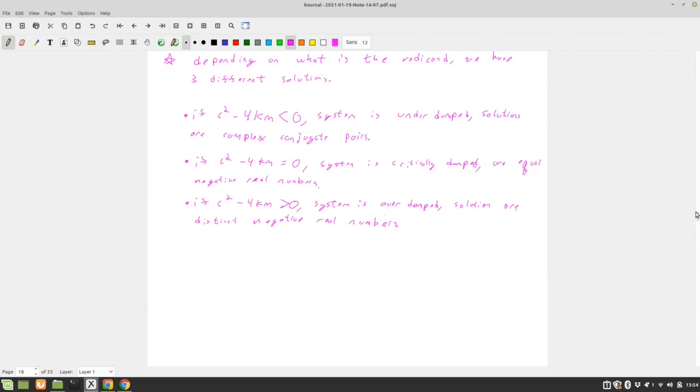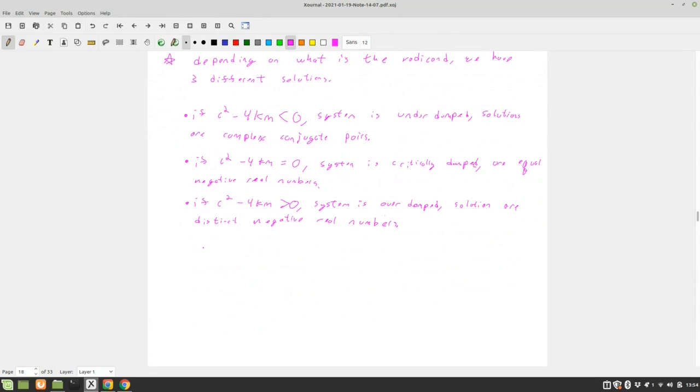Okay, so from this, what's our special value here? What's the one that's kind of important? It's c squared minus 4km equals 0, right? This is our boundary condition. So let's look at this a little bit more.